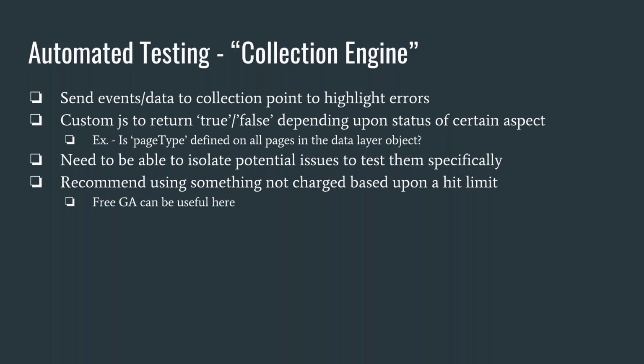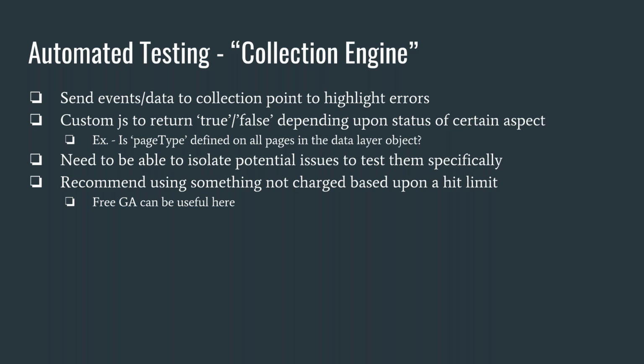I'm going to know, okay, is page type defined across every single page? And if not, within page type reporting or event reporting, I'm going to have what pages it's not defined on. So you can really test it at a massive scale and just make sure that everything is working across the entire site in this particular manner.